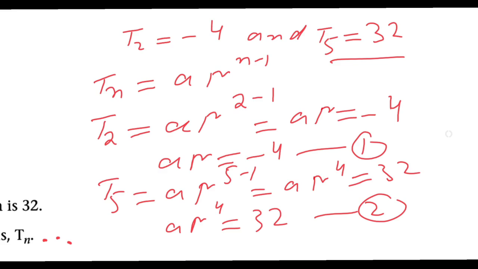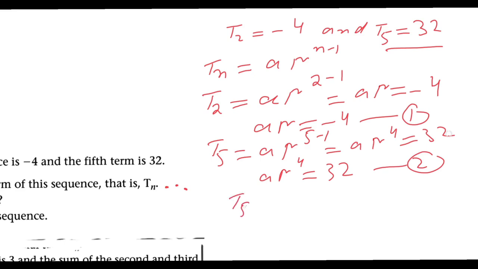Now solve for the common ratio R. So T5 over T2. For T5 we have A R to the power 4 over T2 we have A R, is equal to 32 divided by negative 4, because the A and A cancel.